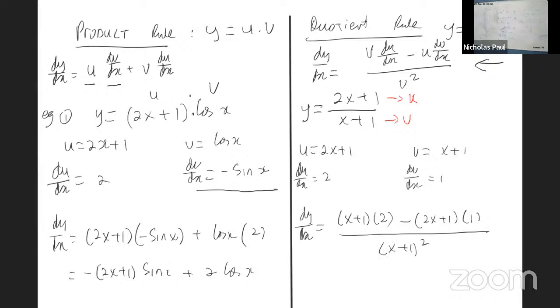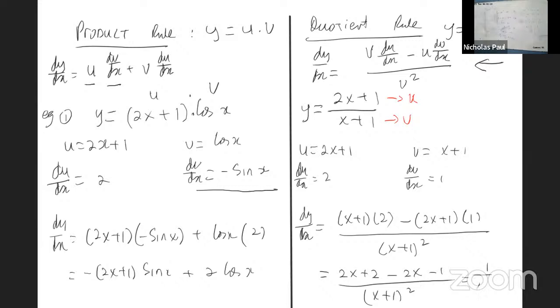2 times x is 2x. So that's 2x plus 2 minus 2x minus 1, all over (x plus 1) squared. Okay, so that's equal to 2x minus 2x is 0, 2 minus 1 is 1.